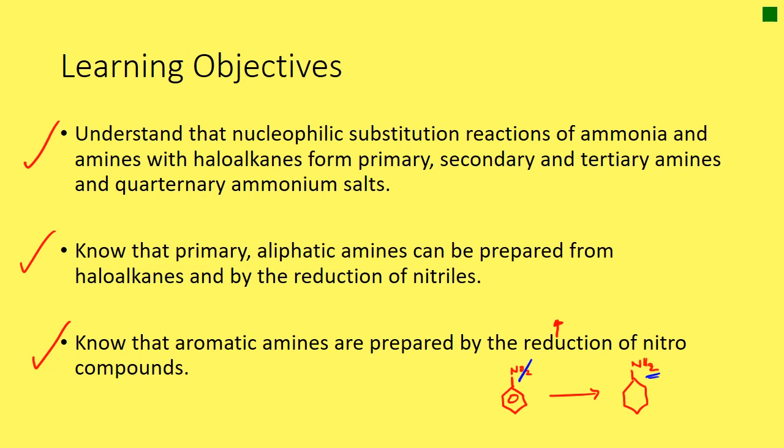So in that process we replaced the oxygen with our hydrogen, so that's how we can call it reduction. And so we've reduced a nitro compound, and as we've said, we start with nitrobenzene. So I think we're justified in ticking that last one off as well.